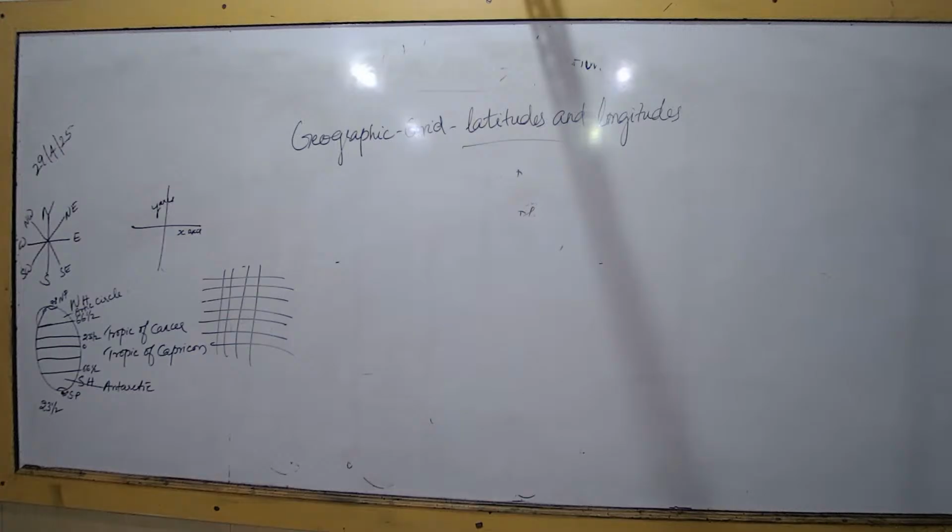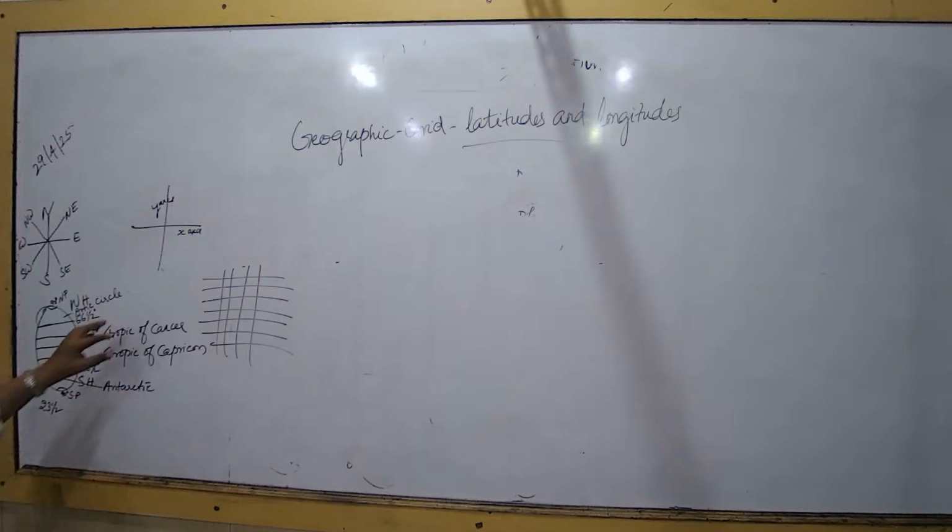A latitude is marked in degrees with the equator being 0 degree. So when I wrote, see here also, these all things are marked with the degree. 0 degree is equator. So latitude is marked with the degrees. Next, latitudes are calculated according to the angle a place makes with the center of the earth.